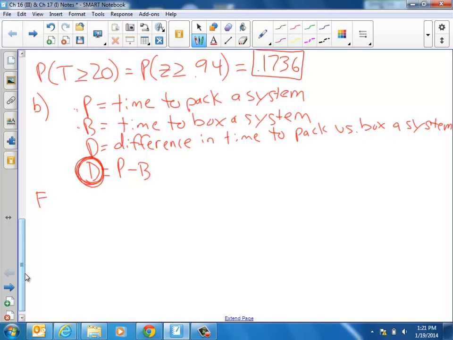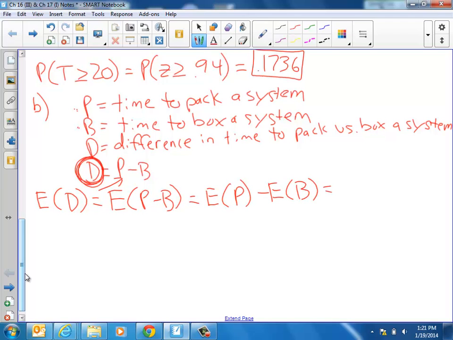So we can say the expected value of this difference is equal to, well, we can make a substitution from this, the expected value of P minus B, which is equal to the expected value of P minus the expected value of B. This is one of those times when the rules are maybe a little bit silly, like Quinn had identified for us, but at least we're writing it out and we can see why the expected value comes out the way that it does.